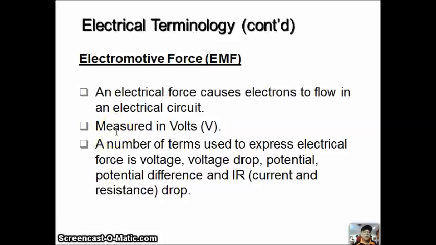When you have potential difference between 2 points, it creates the EMF, electromotive force. Electromotive force is the force that is going to push the electron to flow, and the unit of measure is volts. And there are other terms that come about. When you have the voltage, you get the voltage drop, the potential difference, the IR.